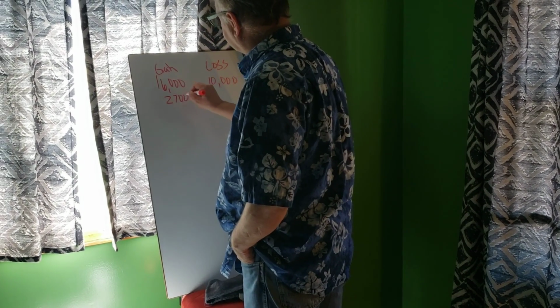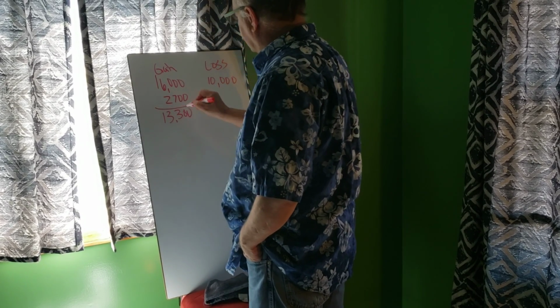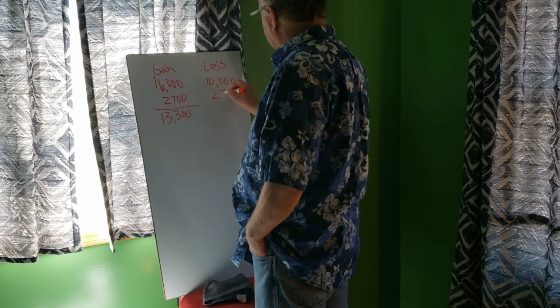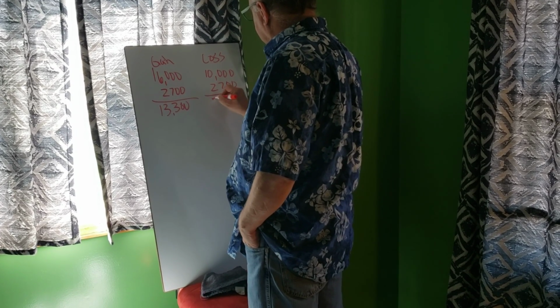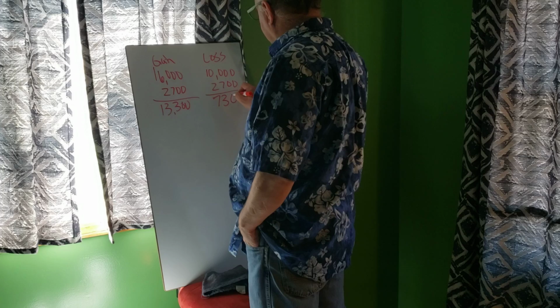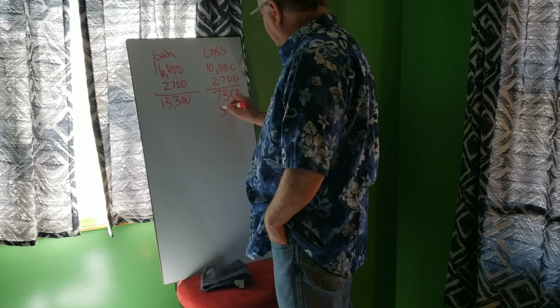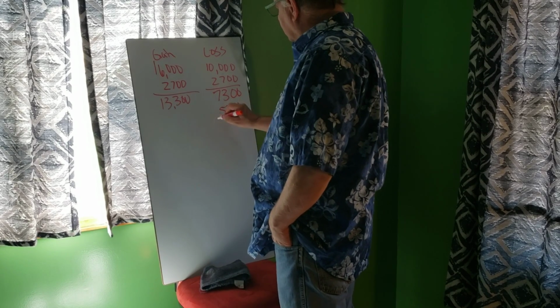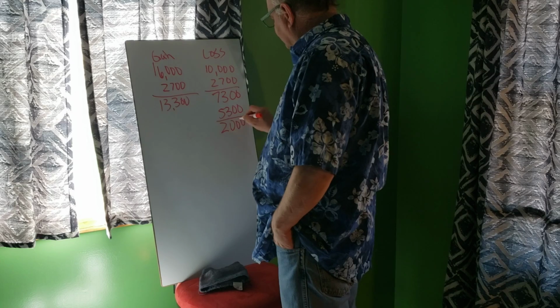So $2,700 here gives me $13,300 as my gain basis. $2,700 here gives me $7,300 as my loss basis. It says that I sold it for $5,300, which is going to produce a $2,000 loss.